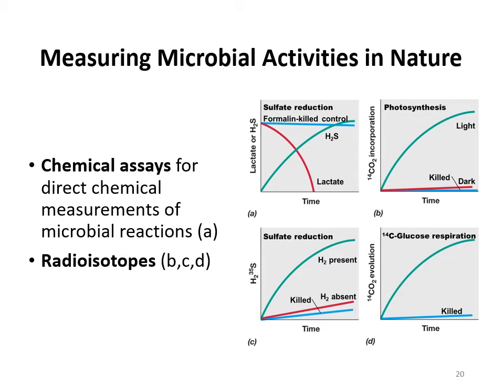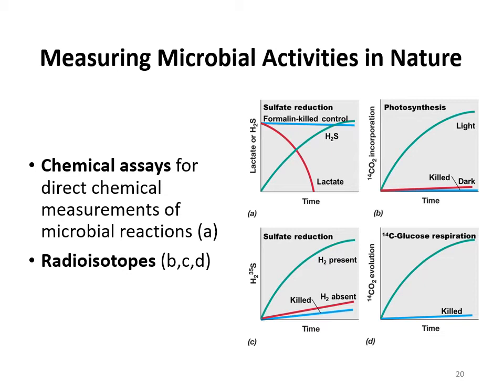And so you can see if lactate oxidation is occurring by the microbes in sediment, for instance. And you do that by adding lactate to the sediment and then analyze the consumption. So you see that in this first image here. So one of the ways they measure microbial activity, you put that lactate in and you look at how much time before that lactate has completely been used up by that community.